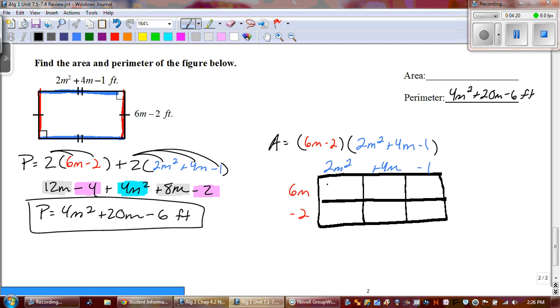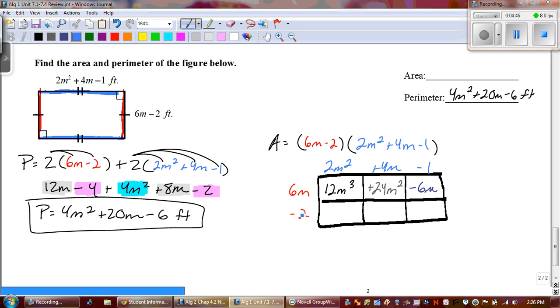6 times 2 gives us 12, and then m times m squared is m cubed. 6 times 4 gives us 24, and that's a positive 24m squared. And then 6 times negative 1 gives us negative 6m.